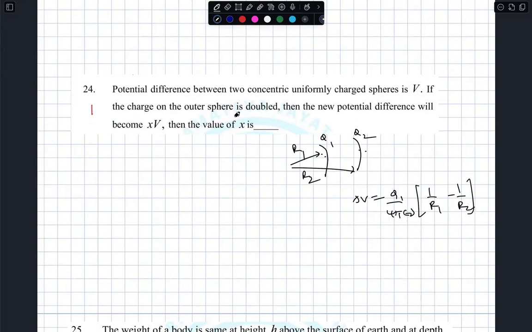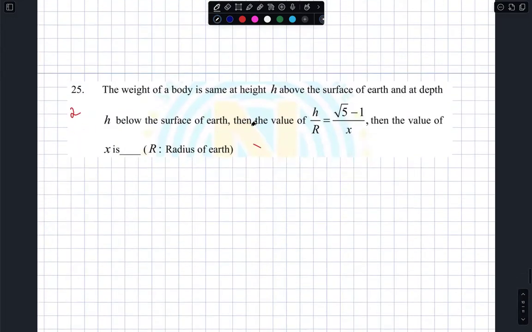So even if you double the charge on the outer sphere, it is still the same V. Answer is 1. Correct. Next.